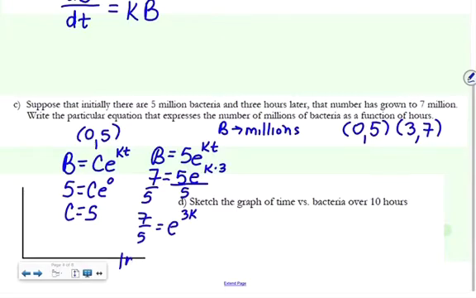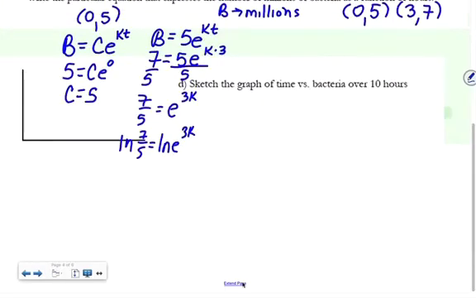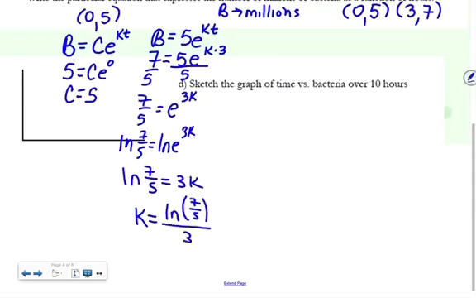ln. So I have ln of 7/5 equals ln of e to the 3k. Now ln of e to the 3k is 3k. So we have ln 7/5 equals 3k. k is ln of 7/5 divided by 3.